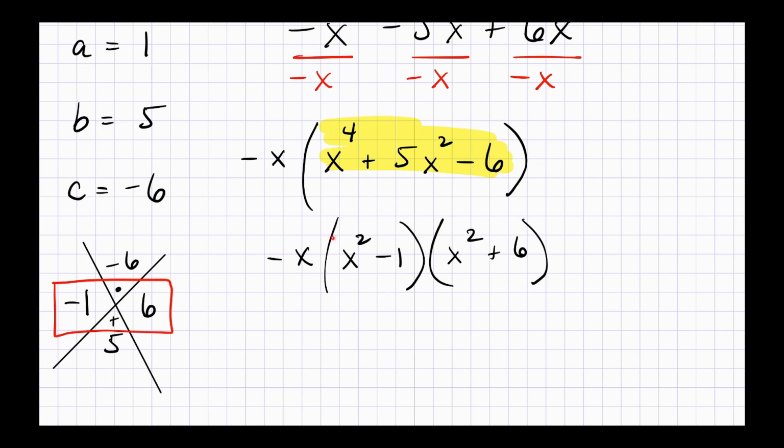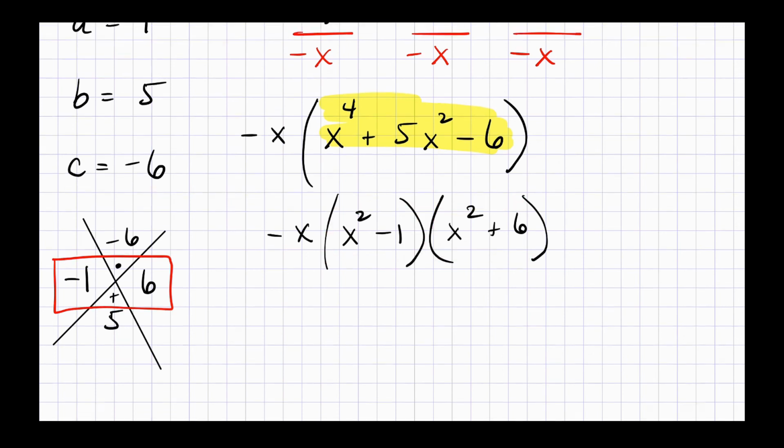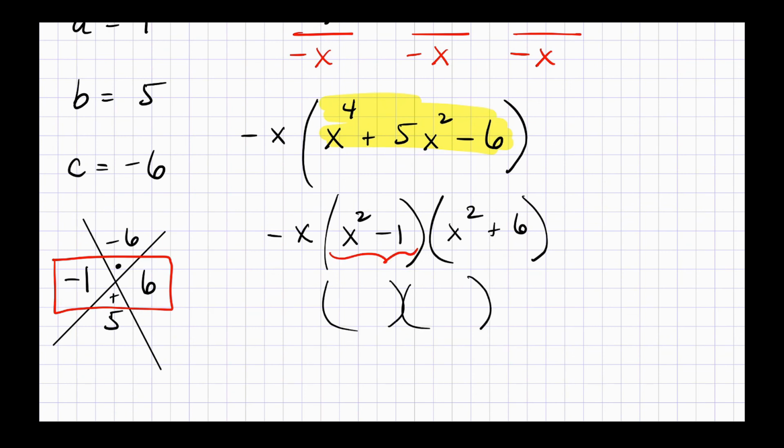Are any of these two guys, this guy here or this guy here, difference of squares? The first one, this guy right here, is difference of squares. So that's going to become (x + 1)(x - 1). Rewrite everything else.